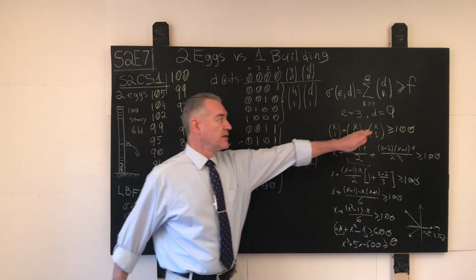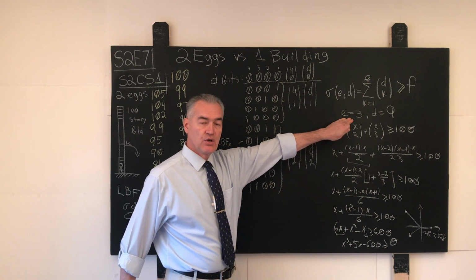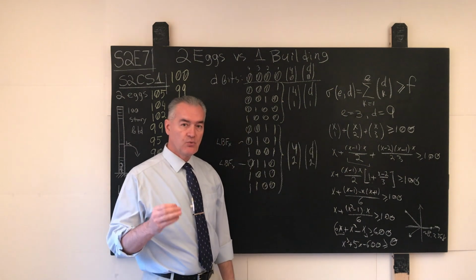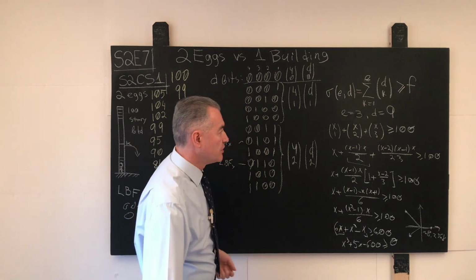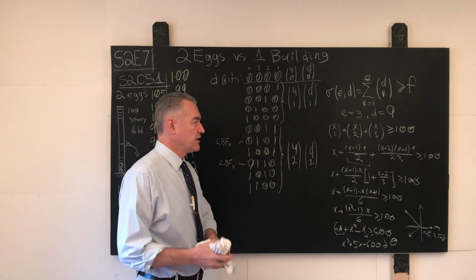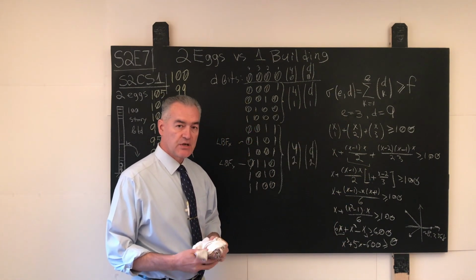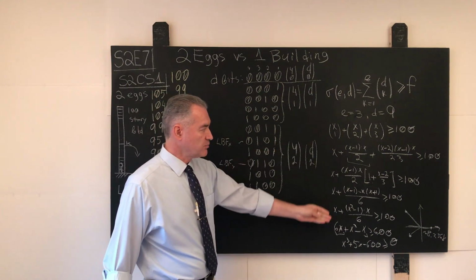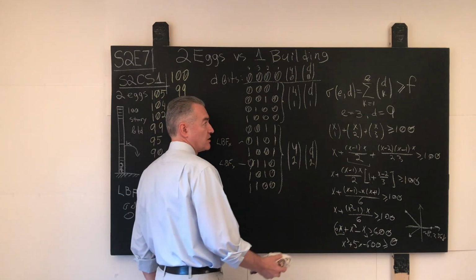So in 9 drops with 3 eggs, we can test a 100-story building with absolute certainty and uncover the fate of the lowest bed floor. Again, please make sure that you have all this information copied to your notes. This is not complicated, this is straightforward, nothing but, again, middle school arithmetic.